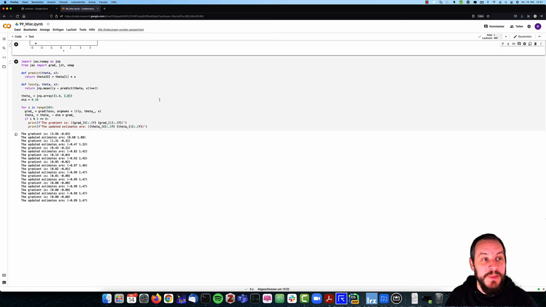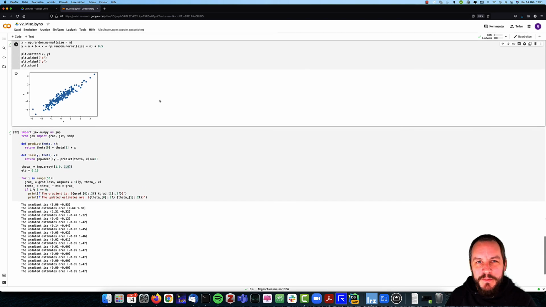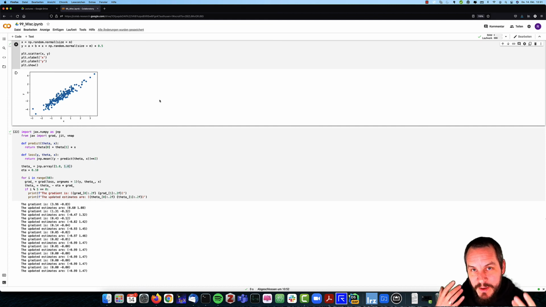I really hope that this further helps you to get some intuition for what is behind gradient descent and how you can imagine the models are estimated or calibrated numerically. If this is not the case, then maybe for the moment just ignore this video and come back later once you're more familiar with the different methods.